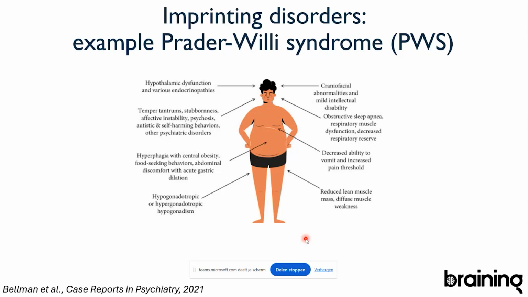You can see that something is wrong with the muscles, and throughout their development, they will develop craniofacial abnormalities. There's often a bit of intellectual disability. You can have self-harming behavior, autistic spectrum disorder-like behavior. There is hypergonadotropy. So it's a syndrome with a lot of symptoms, and you can imagine that it's not easy for those patients.